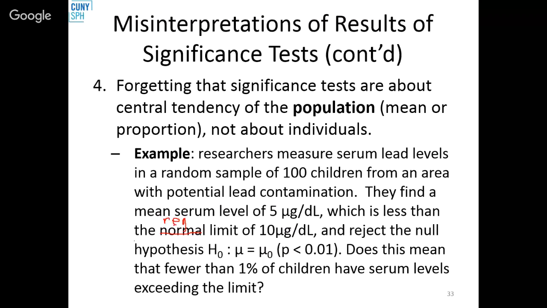Maybe I should not say regulated, but say that the mean in the population is 10, so that it's actually less in this contaminated area than in the population. So, the normal value in the population.